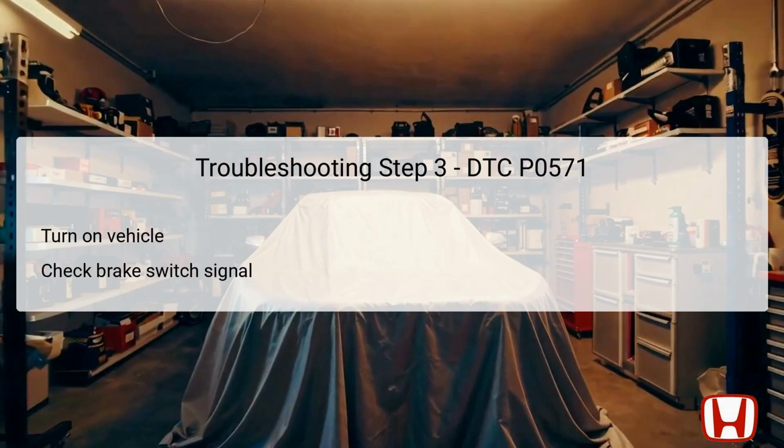The third step involves powering the vehicle to the on mode and using the Honda Diagnostic System, HDS, to analyze the brake switch signal. At this stage, the technician checks whether the signal responds correctly when the brake pedal is pressed and released. Observing the signal changing from on to off appropriately indicates the system is functioning correctly at that moment.